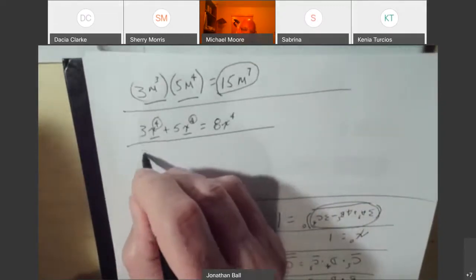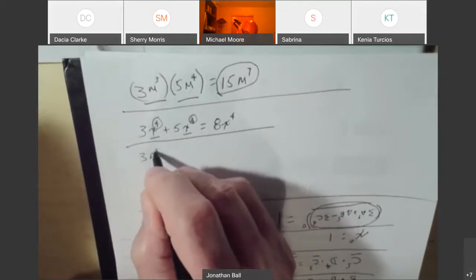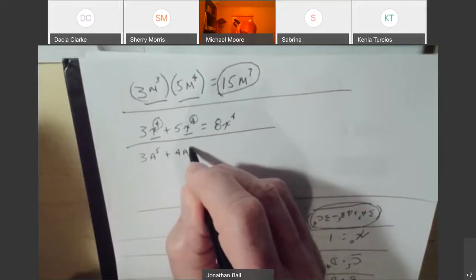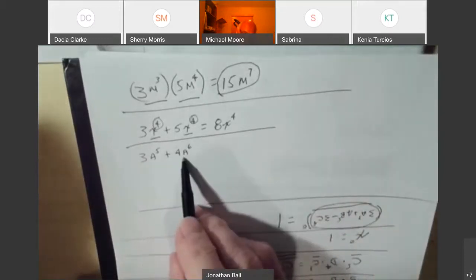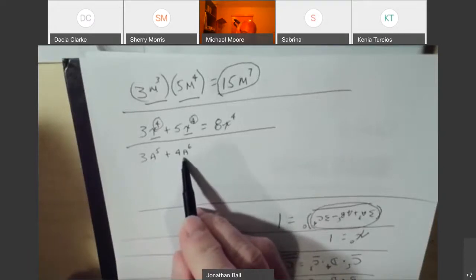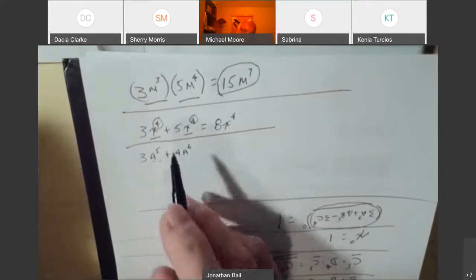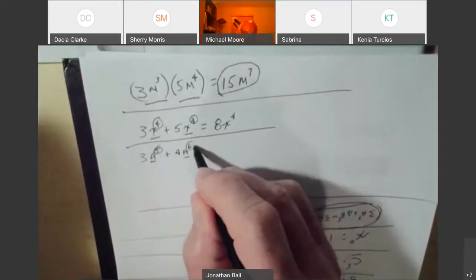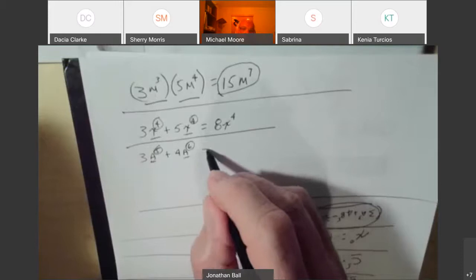But again, they have to have the same base number and the same exponent. Okay, what if we have 3a to the fifth plus 4a to the sixth? Can we combine these two things? No. They have the same base number, that's right, but the exponents are different. So what does this equal?